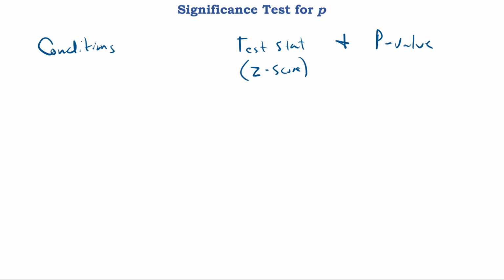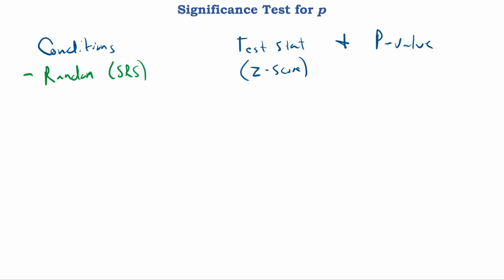For our conditions, we need to have a random sample. It could be a simple random sample, or the problem may just say random. That's the first condition.